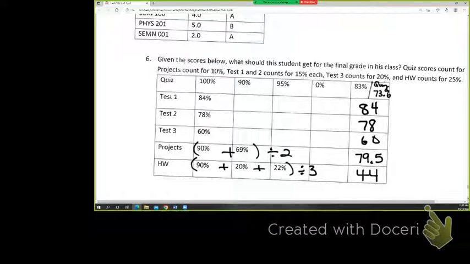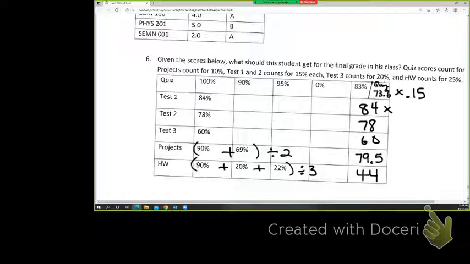So now we need to use our percents at the top. Quiz scores is 15%. So this 73.6 is going to get multiplied by 0.15. The projects are 10%.